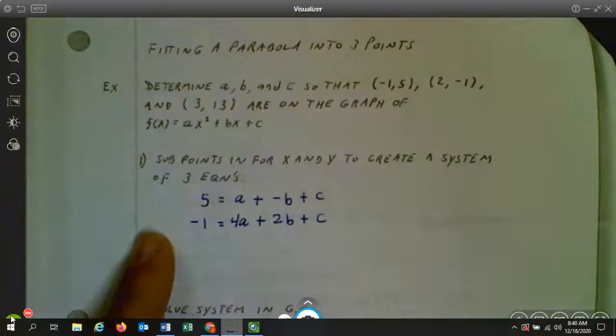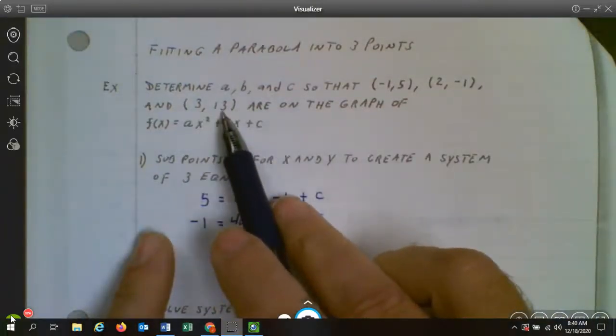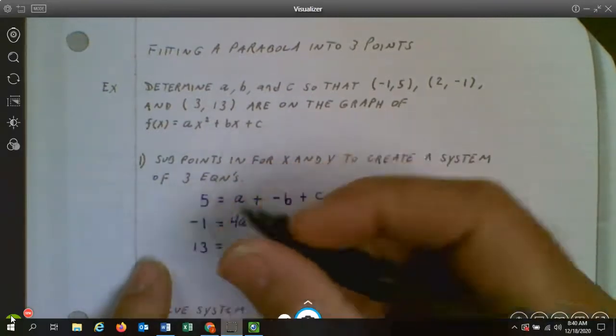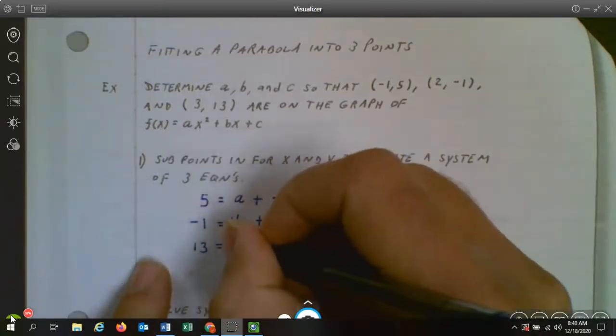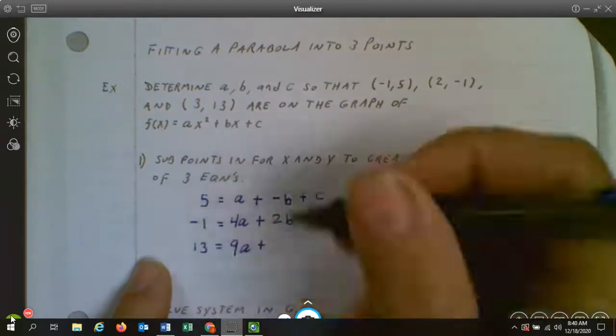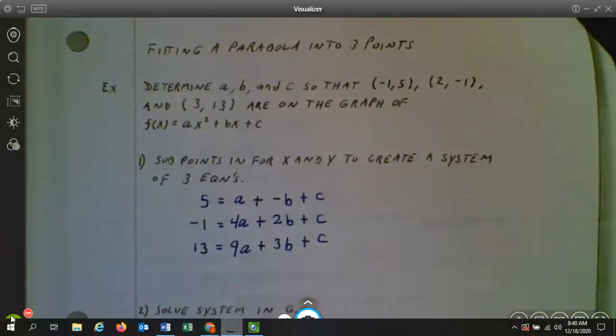There's no x or y there. And then one last time, let's put 3 in for x and 13 for y. If I put 3 in for that x squared, I get 9a. 3 in for that x, I get 3b, plus c. So there's my system.